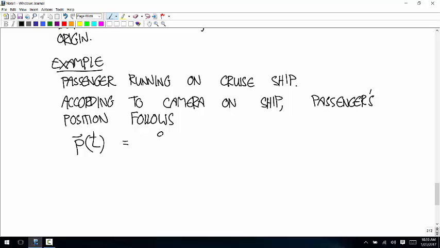equal to 80 times the cosine of 0.01t, 80 times the sine of 0.01t.